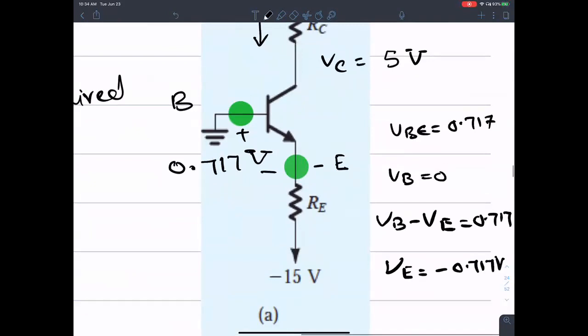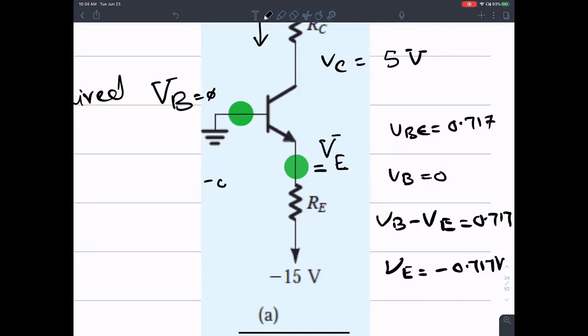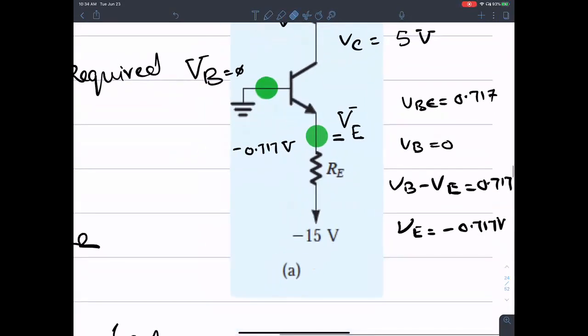So we have a value for V base to be 0, and V emitter is going to be negative 0.717, because that is what sets up a potential difference of 0.717 between them.